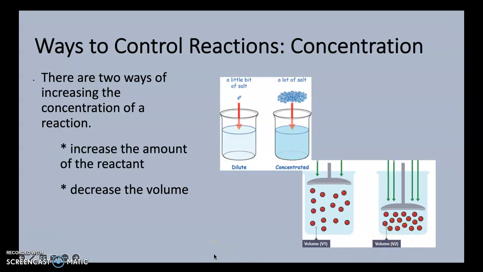A way of thinking about it, again using the classroom as a scenario, is right now you guys are all spread out within the classroom. If I said that you all had to move to the left side of the classroom, you would all become far more concentrated. So changing the volume is one way of changing concentration, and changing the amount of substance is another way.